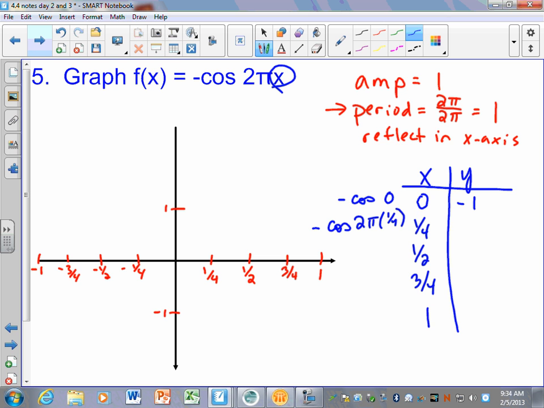It's going to be pi halves, so that's the same as saying negative cosine of pi halves. I hope if you've done all the homework, you've noticed that every time if you pick these key points, you get 0, then you get pi halves, then you get pi, then you get 3 pi halves. Those are those key points. And what is the cosine of pi halves? 0, you can't have negative 0, so it's 0.